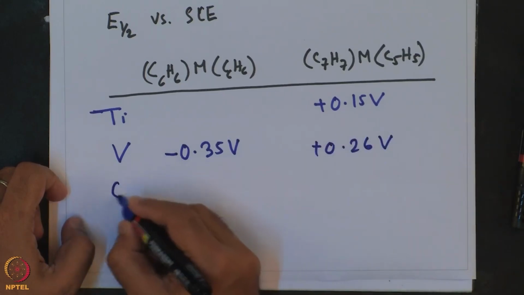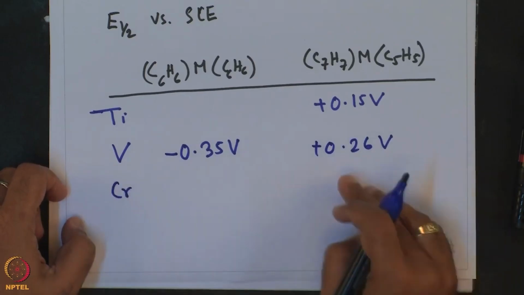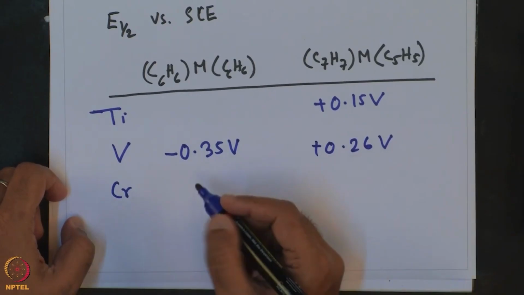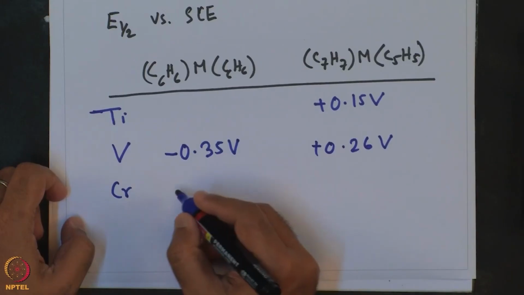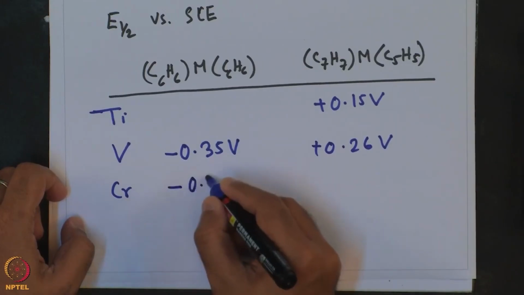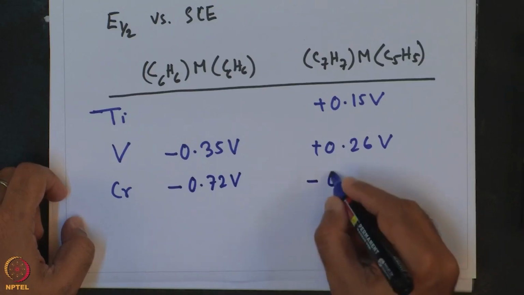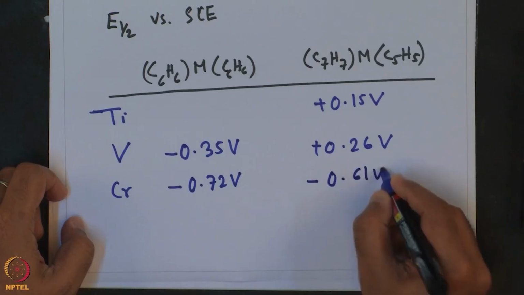So this is more towards the anodic shift, more towards the positive region. For chromium, it is minus 0.72 volt, again making an anodic shift to minus 0.61 volt.